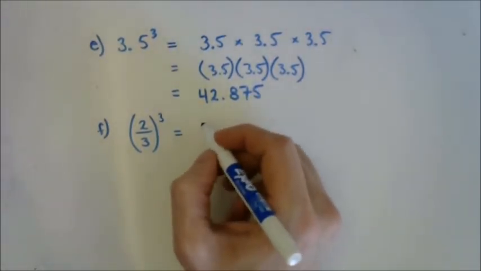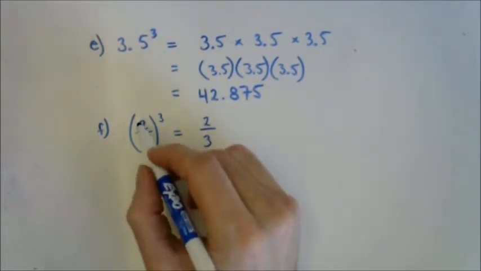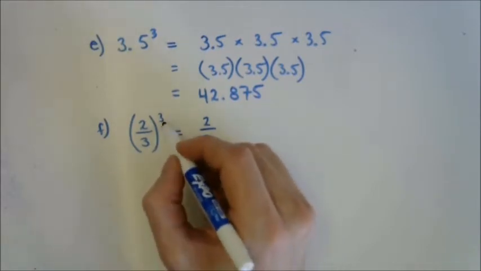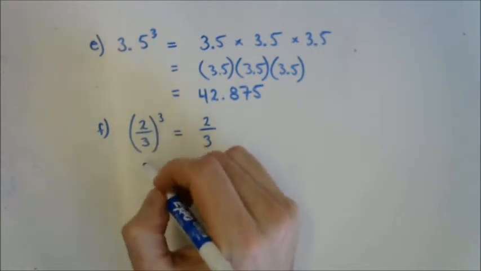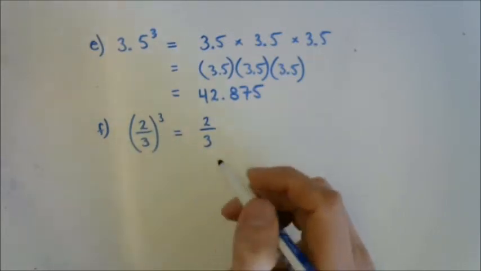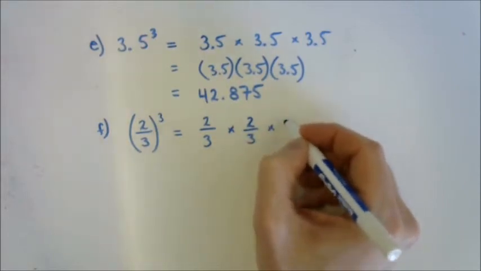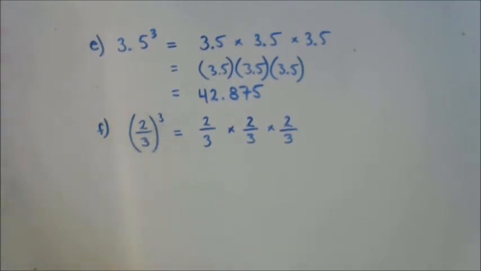So go ahead and put it in expanded form. 2/3 is the base. 3 is the exponent. So you have the repeated factor of 2/3, and you have it repeated 3 times. So we have 2/3 times 2/3 times 2/3. Nothing is different. Just because it's a fraction doesn't make any difference to how you record it in expanded form. It's the base repeated 3 times.